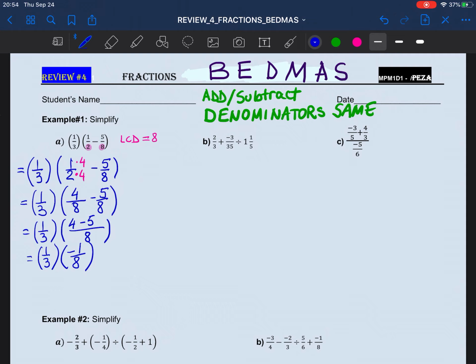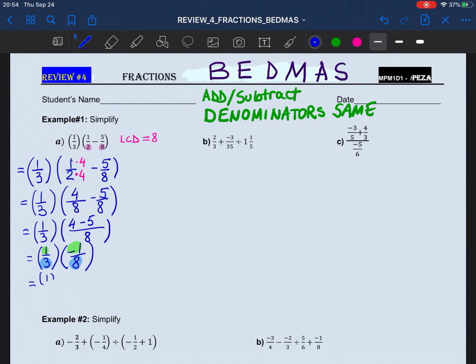Now it's time for us to multiply them. Again, do we need to make the denominators the same? No, because we are multiplying, and when we multiply we multiply the numerators together, and the denominators together. Okay? That's the way it works.